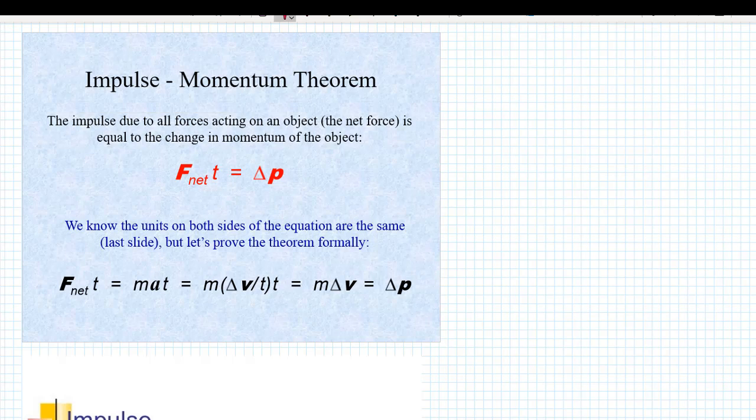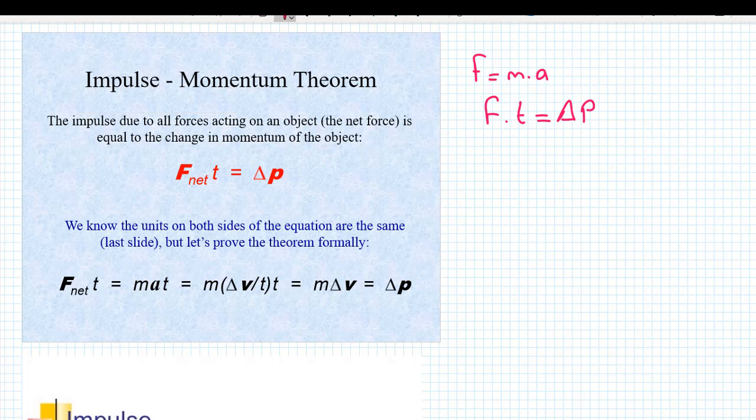As you see here, F net times time equals the change in momentum, and we know that both sides have the same units. Normally F equals mass times acceleration, and F times time equals delta P. Delta P is the change in momentum.